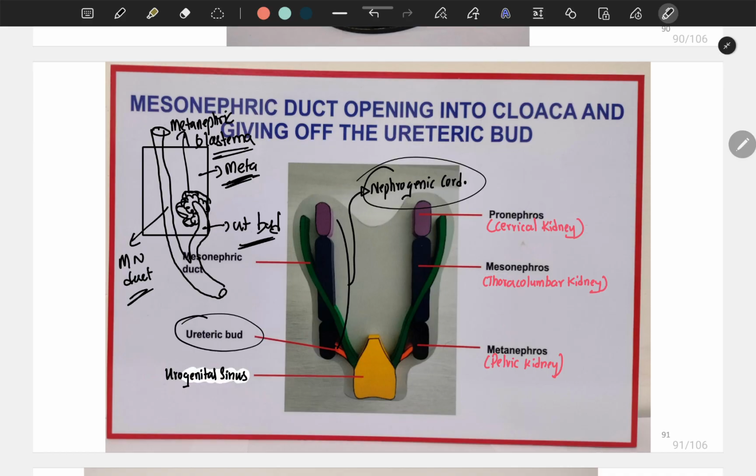And it is derived from what? The metanephric blastema was derived from the metanephros, because it is going into the metanephros and differentiating, right? This uteric bud is derived from this duct, the mesonephric duct. So mesonephros is the answer.